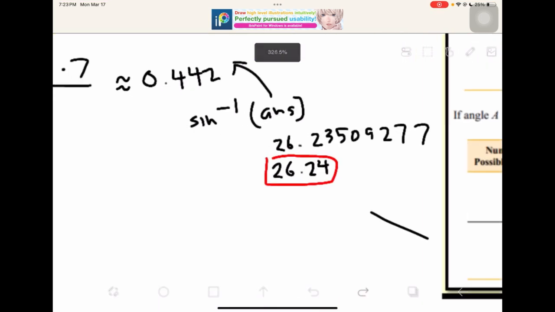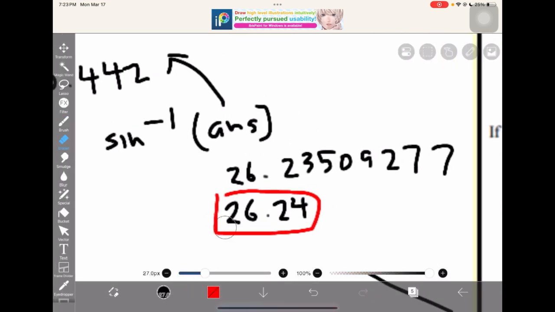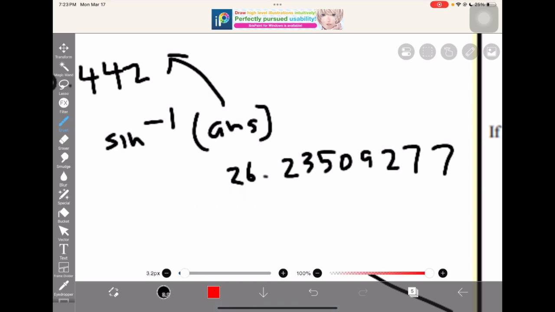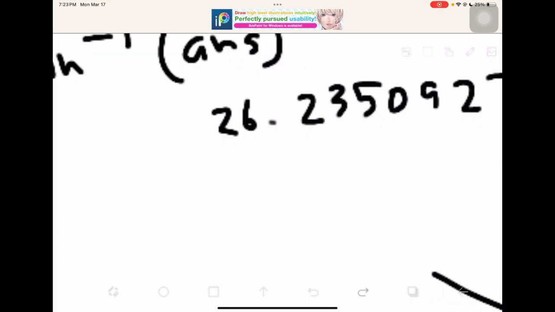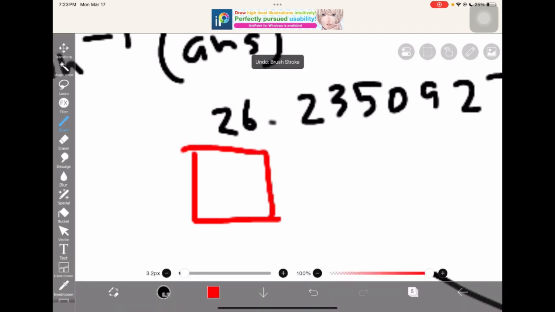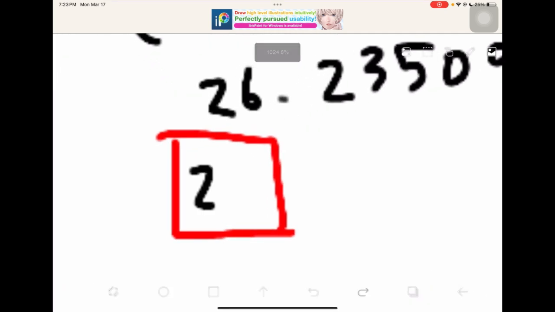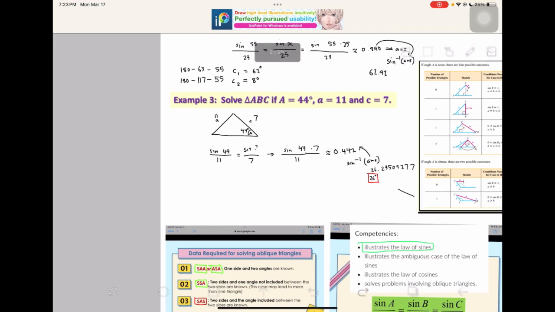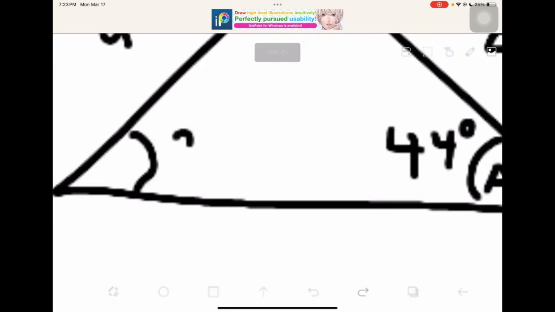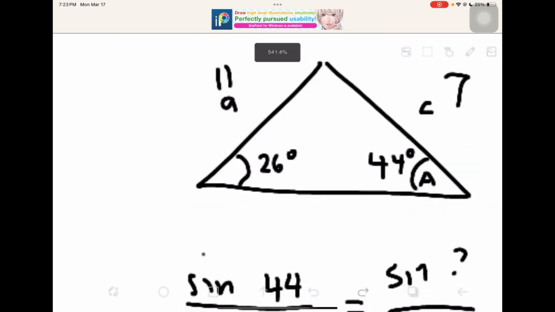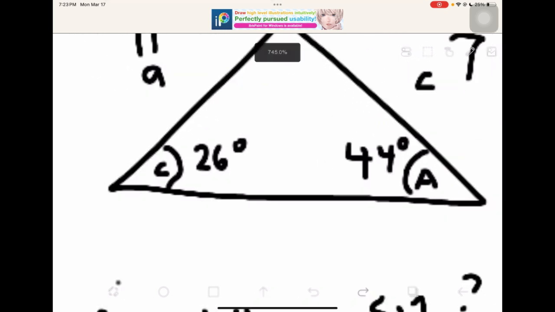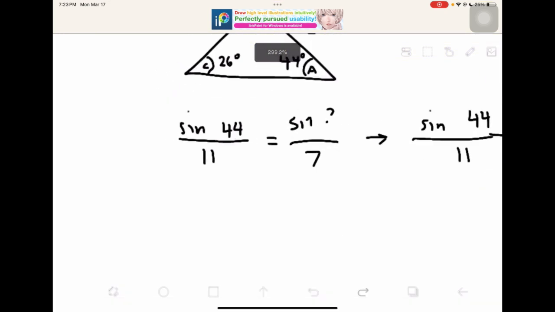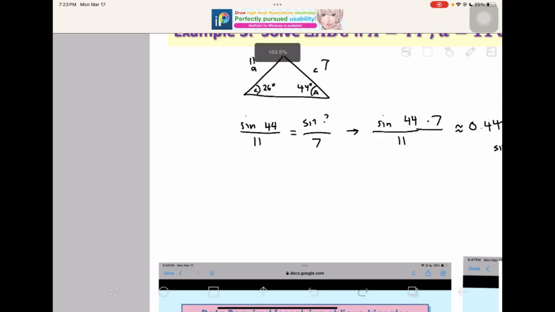Okay, so actually I'll just repeat this right now. For all of the ambiguous cases, it looks like I've seen a pattern over here that we just take the whole number, round up or round down. So it's really just 26 for simplicity's sake. So 26 is our angle C. Now obviously we can find angle B, right?